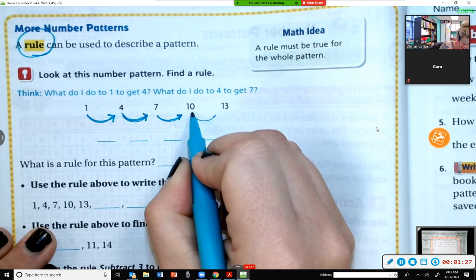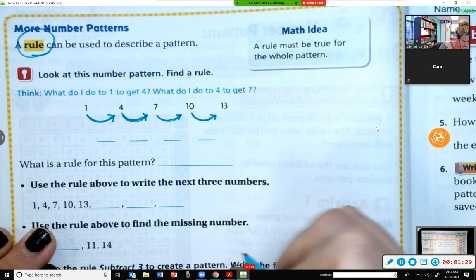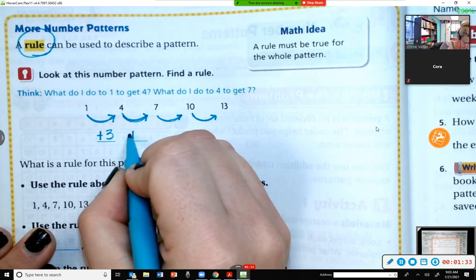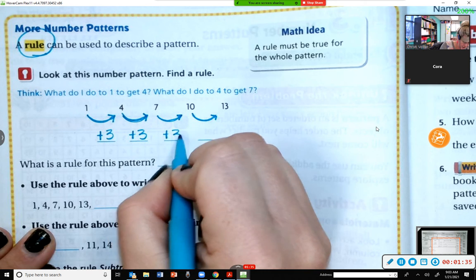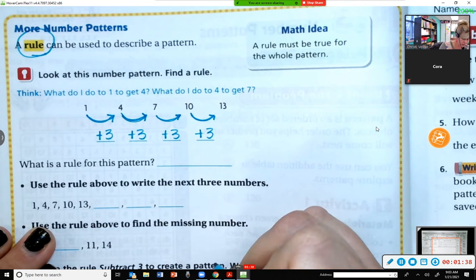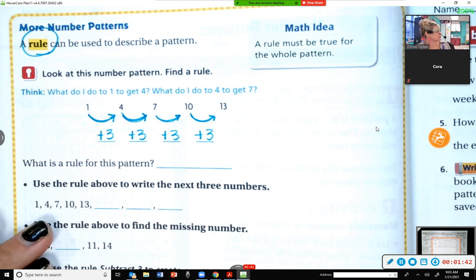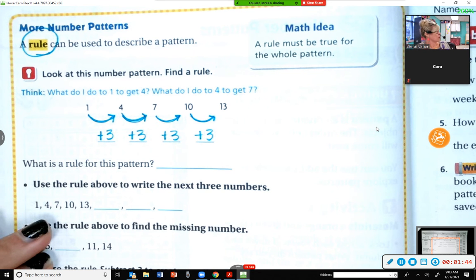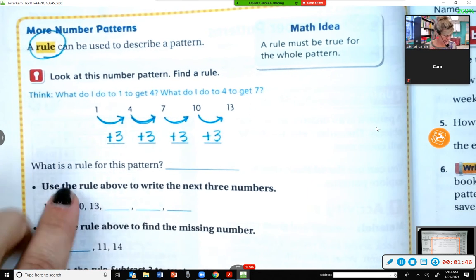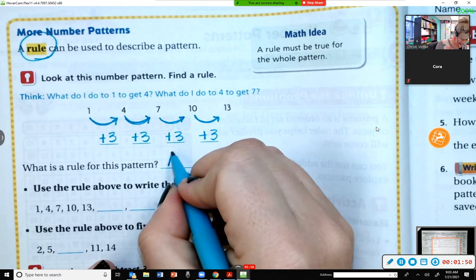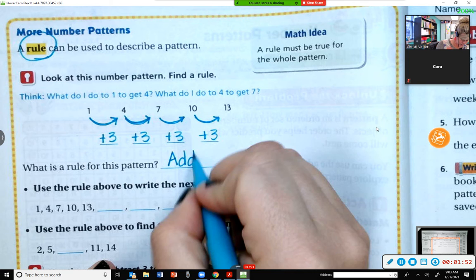Good. Can we add 10 plus 3 to get 13? Yes. So each time we're adding 3. That's the thing about rules too. It has to work out for the whole pattern. So you would say right here, what is a rule for this pattern? You would say add 3. Okay?